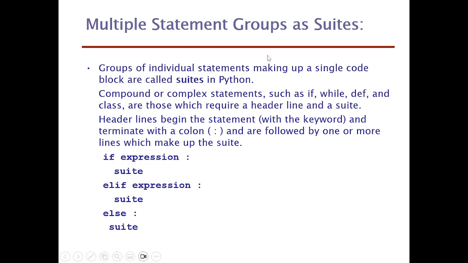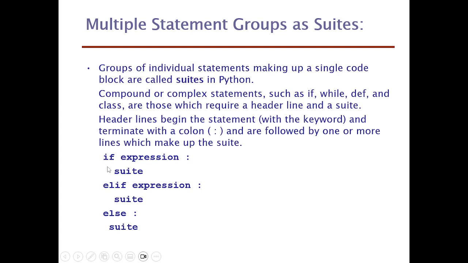Multiple statement groups as suites. A group of individual statements making up a single code block is called a suite in Python. Compound or complex statements such as if, while, def, and class are those which require a header line and a suite. Header lines begin a statement with the keyword and terminate with a colon, and are followed by one or more lines which make up the suite.